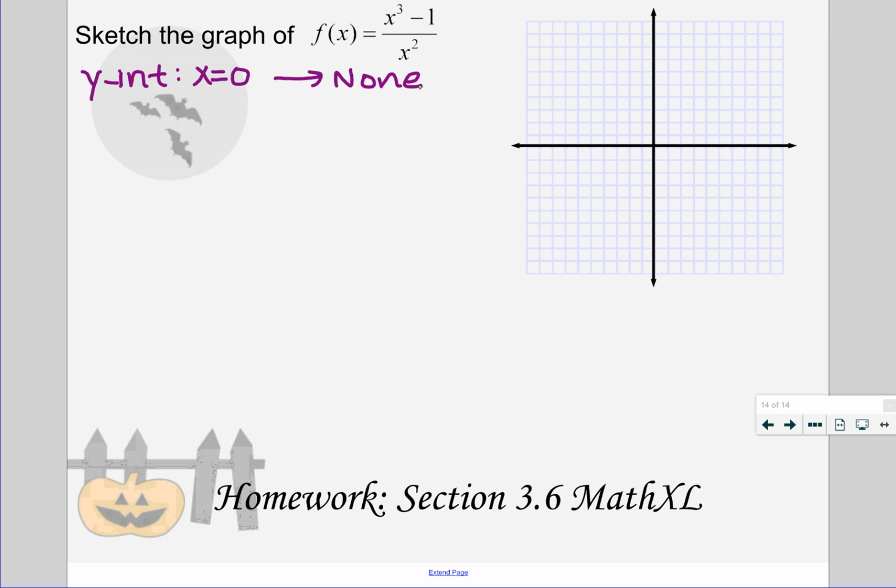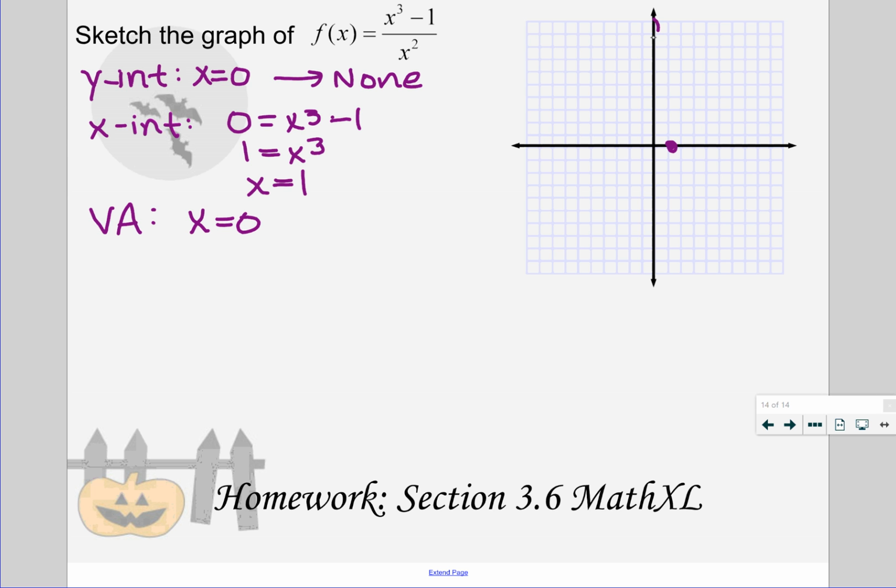You don't cross it. X-intercept, we just set our numerator equal to 0. And then we solve. So I'd add 1. 1 equals x cubed. Take the cube root. What's the cube root of 1? 1 is my x-intercept. Okay. Vertical asymptotes. If I set that denominator equal to 0, I get x equals 0.